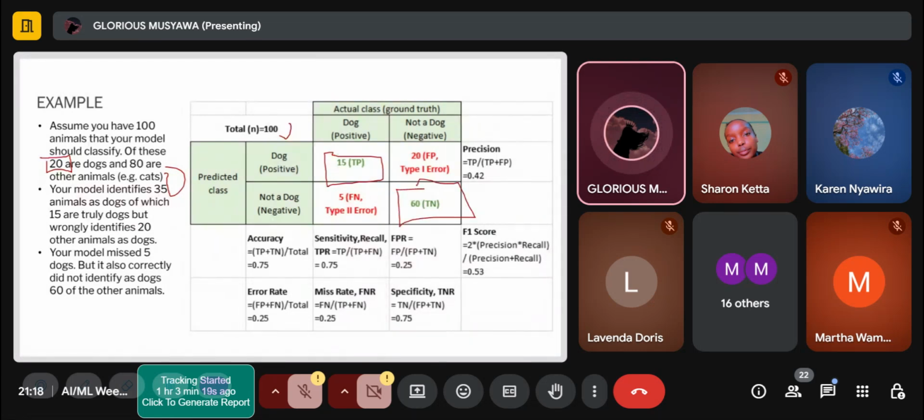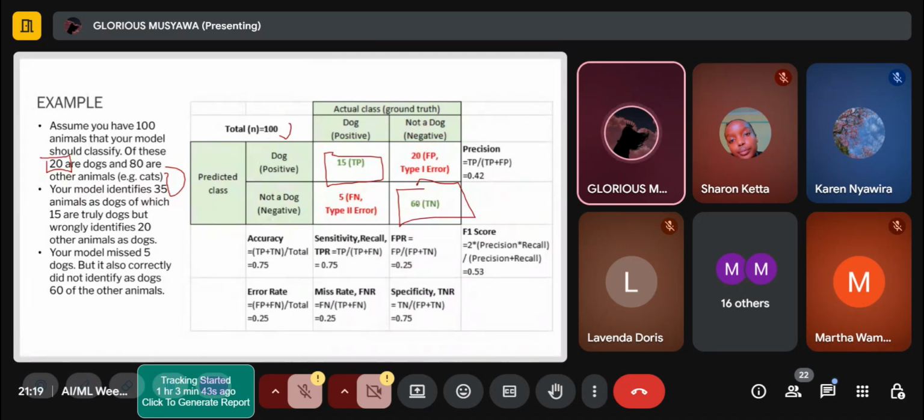So my model has identified 60 animals as not dogs, which is actually correct. The 15 are dogs which are correctly identified. Out of 20 dogs, my model is able to identify that 15 are actually dogs. And out of 80 non-dogs, my model is able to identify that 60 are actually non-dogs.